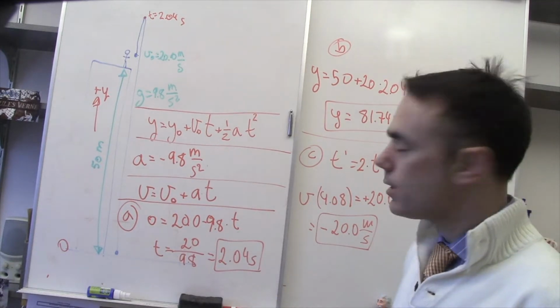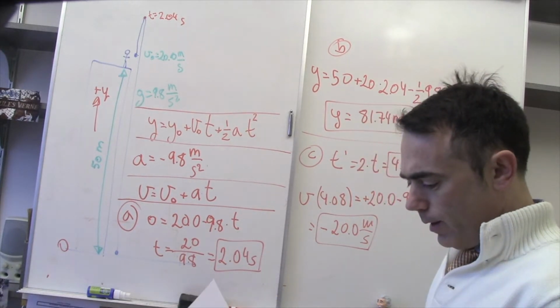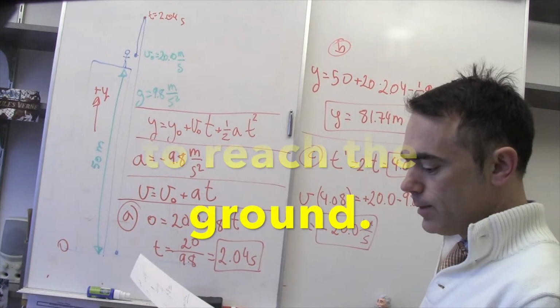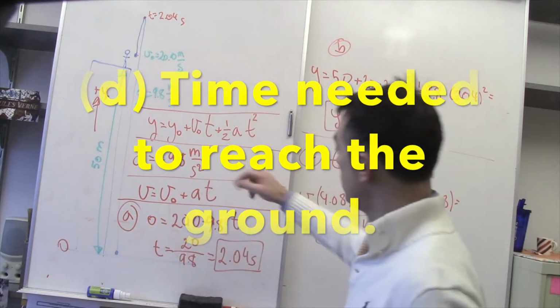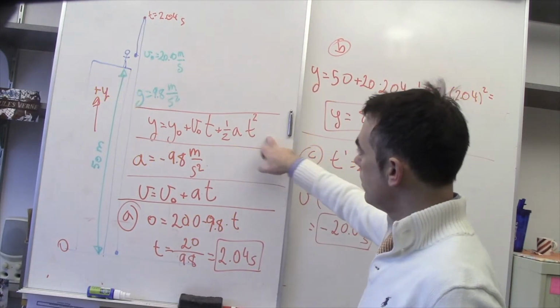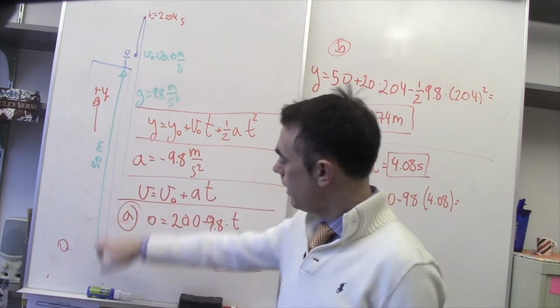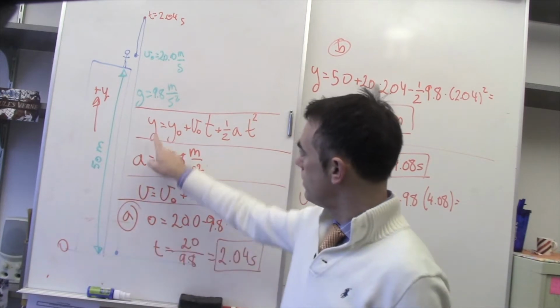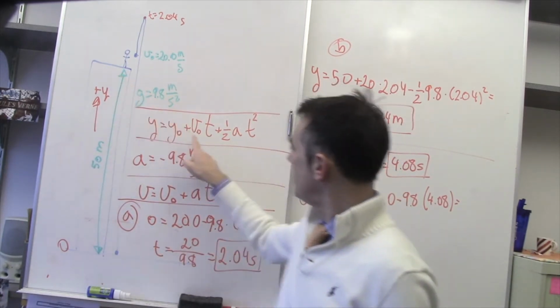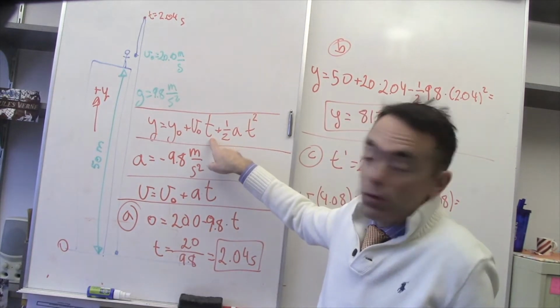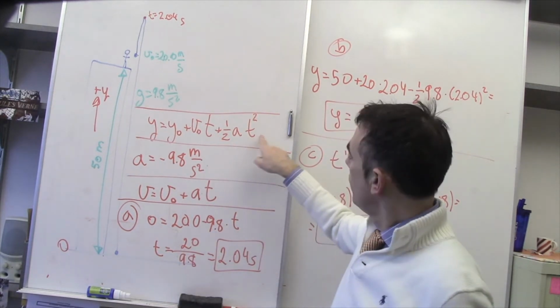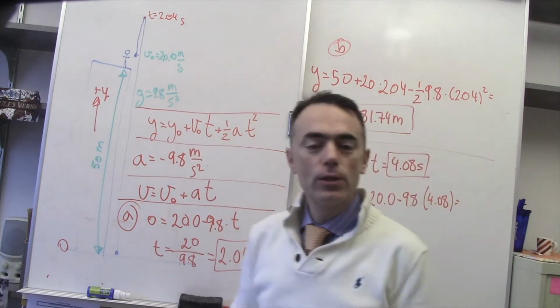So to answer D, what is the time to reach the ground, I will use this expression. I know that the final position is going to be 0, the initial position was 50, the initial velocity 20, and I know the acceleration, so my only unknown is going to be time.